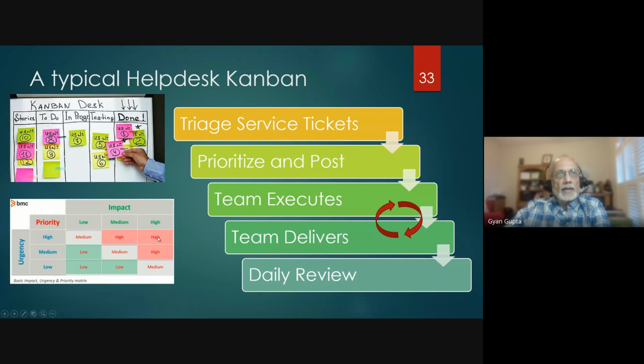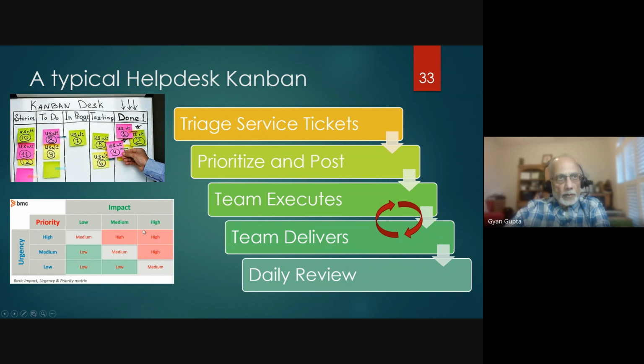While in the latter case, the website is down versus Bezos's account being locked out, that is not that high impact, but it is high urgency. So that could fall into this category, or this category, low and high.